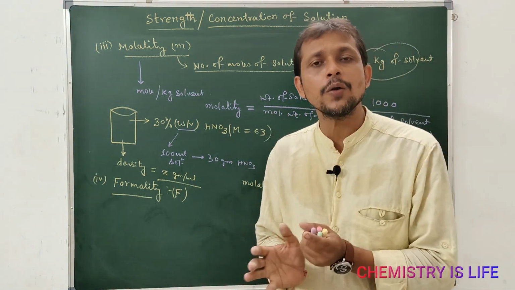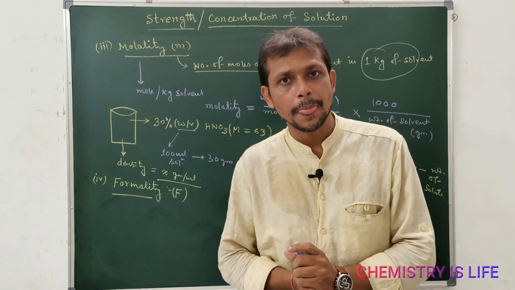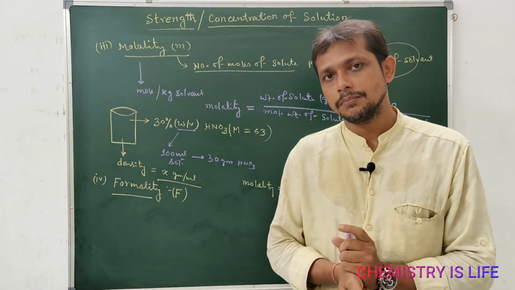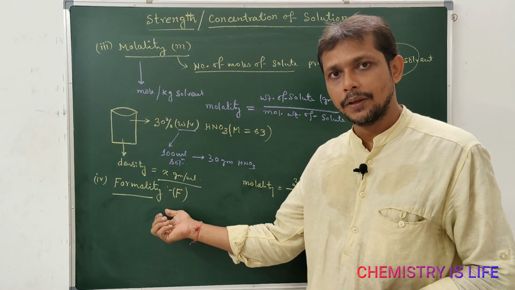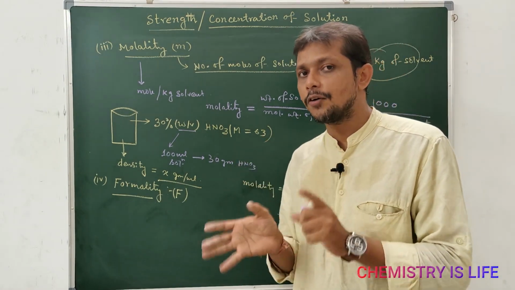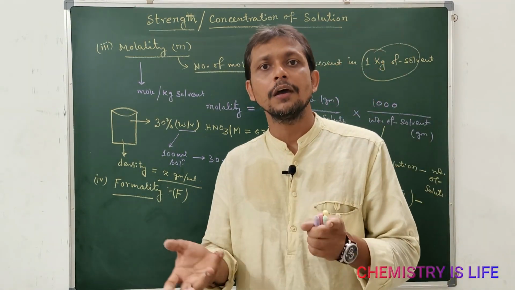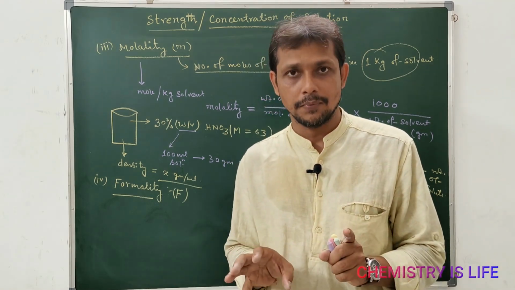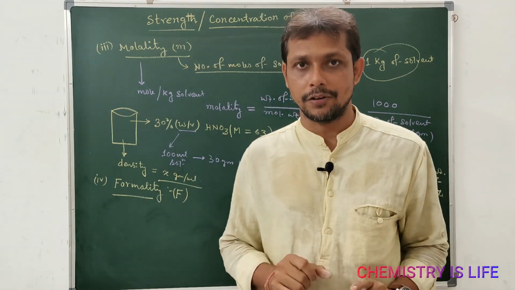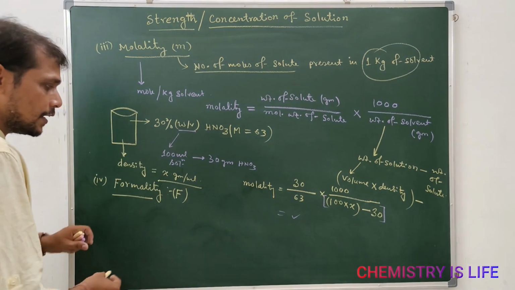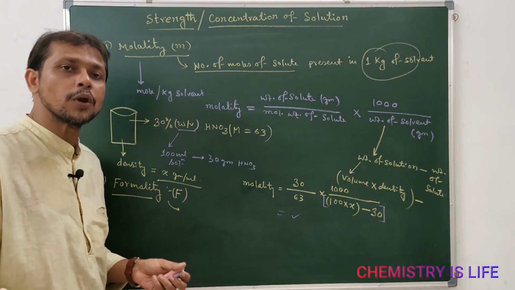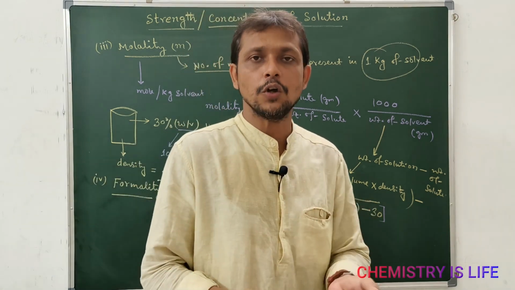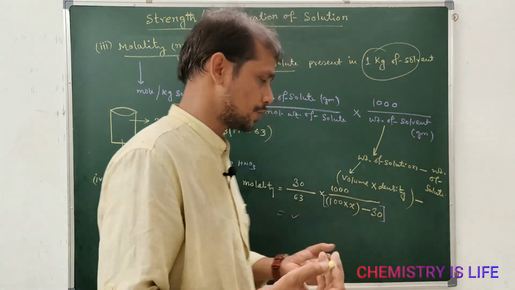So for ionic compound solution, the molarity term is actually represented as formality. Since they have no molecular structure, they have no molecular weight term. They have formula weight term. So formality is just the number of formula weights of solute present in 1 liter solution.